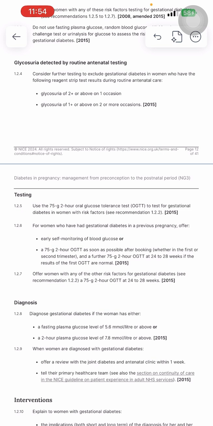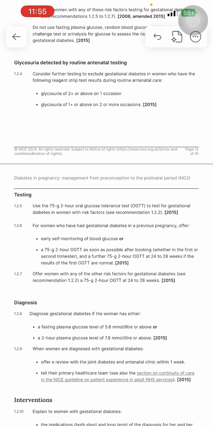Previously our concept was that if your glucose comes abnormal in the first trimester, then we label it chronic diabetes mellitus, and after 28 weeks, GDM. But whenever the patient has an abnormal blood glucose level in pregnancy, then we have to label her as having gestational diabetes mellitus.